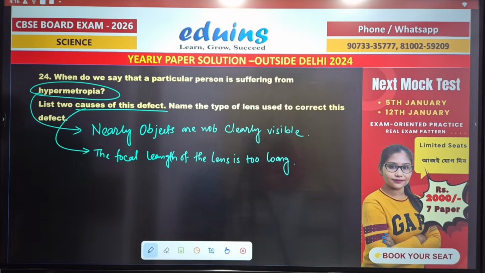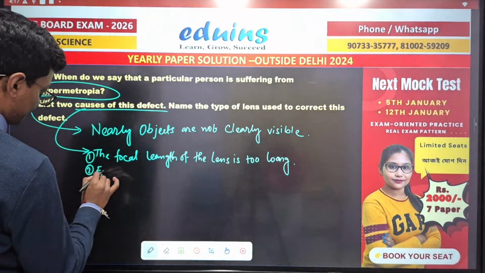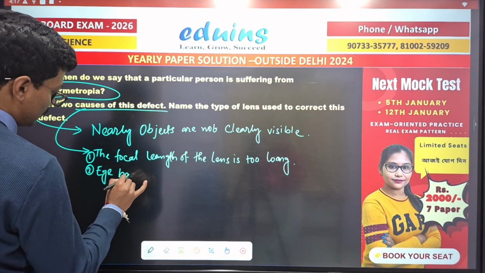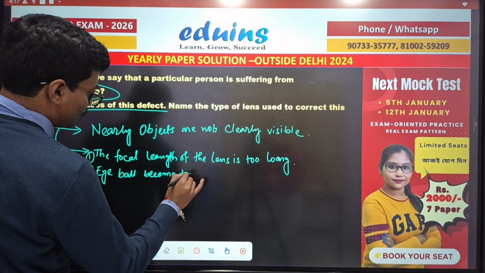Any guess? Bishan, what will be another cause for hypermetropia? Eyeball becomes too small.